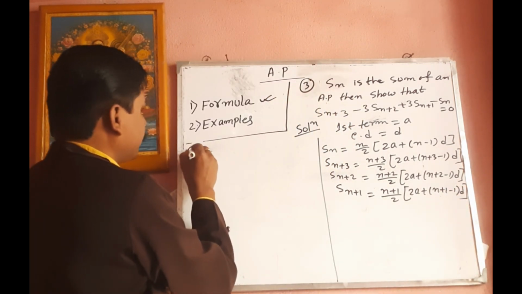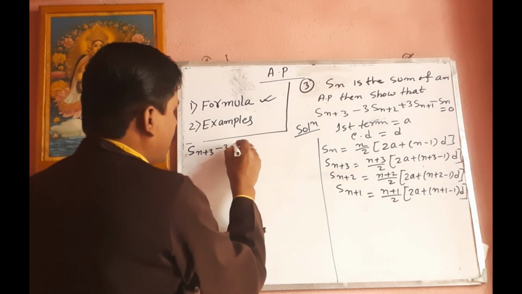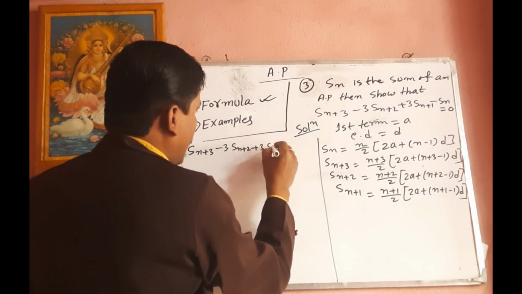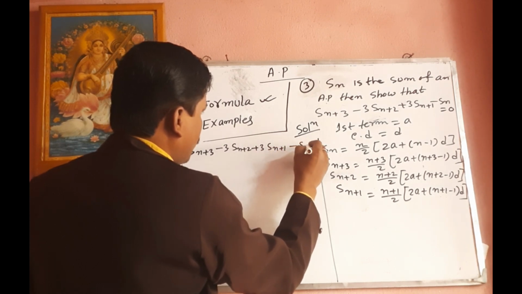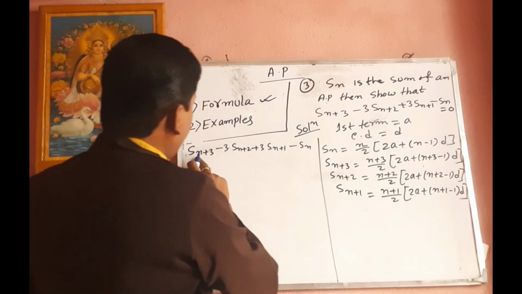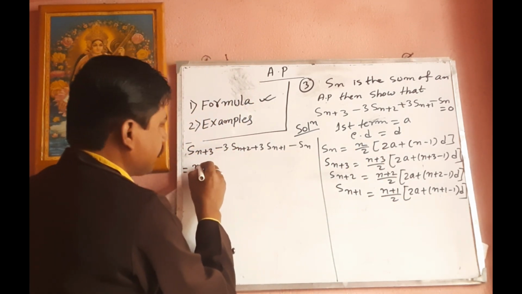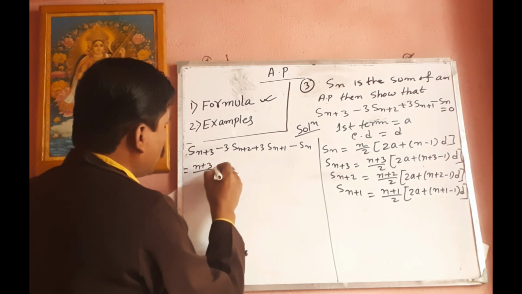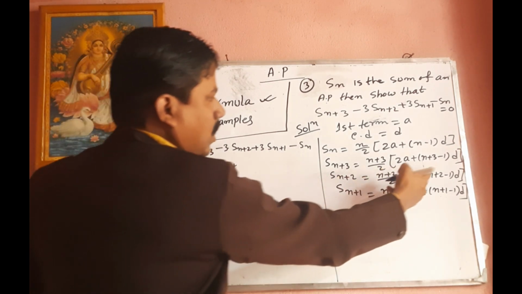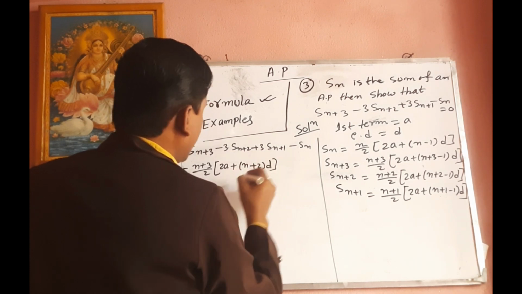So S(n+3) minus 3 times S(n+2) plus 3 times S(n+1) minus Sn. Now putting in the values, S(n+3) is (n plus 3) by 2 times (2a plus (n plus 2) times d).